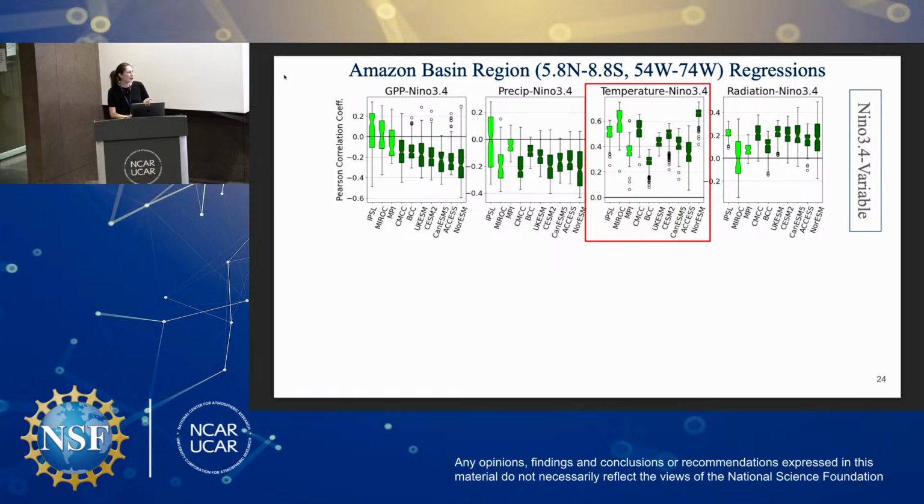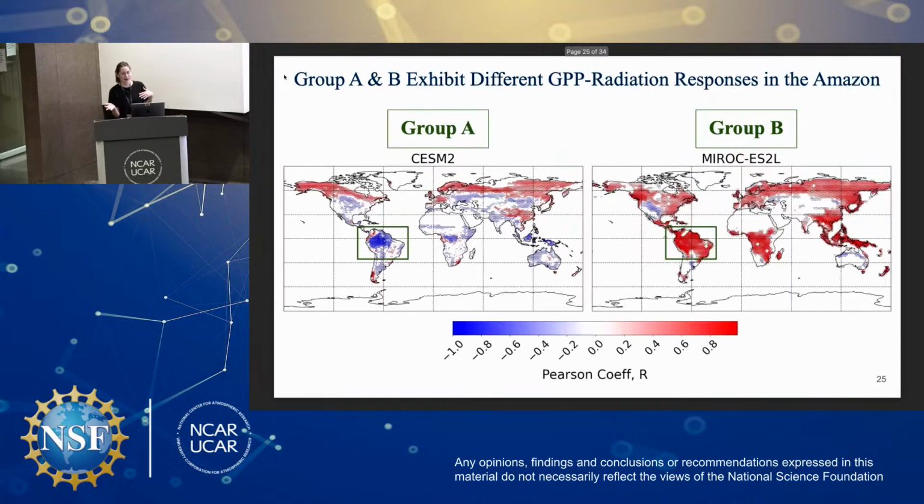So if all of the models are showing similar patterns of the Nino impact on these driver variables, I then looked at how the land model is responding. I tested all of my linear regressions of GPP with all of the driver variables, and the interesting factor is that our group A models are exhibiting a different response than the group B models.